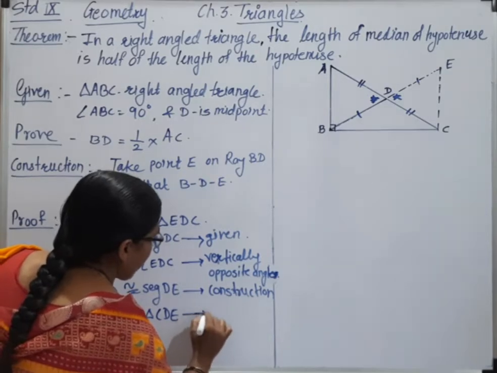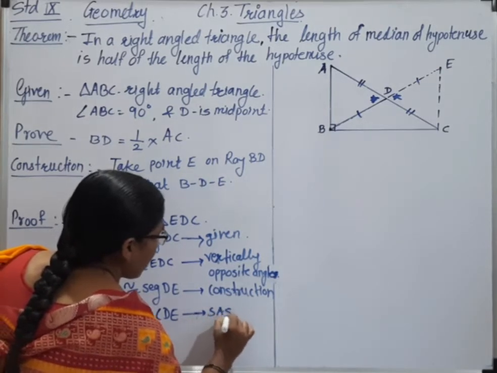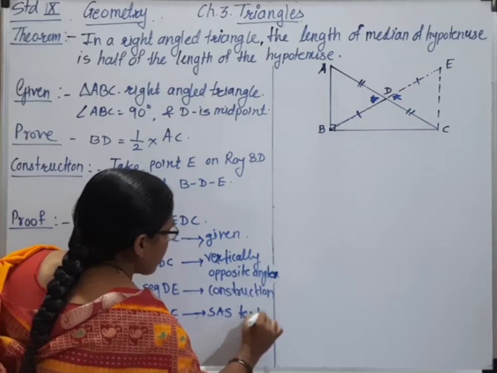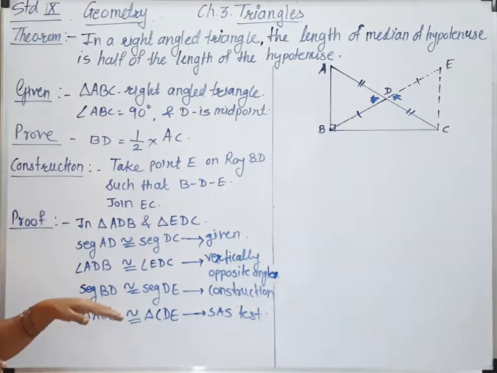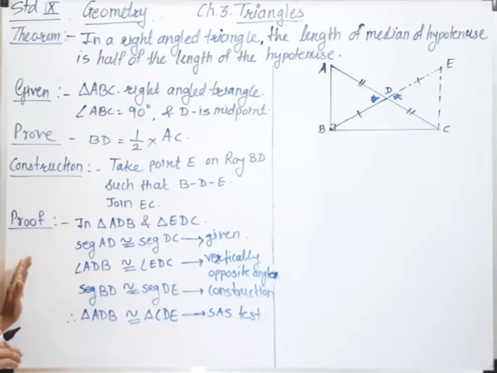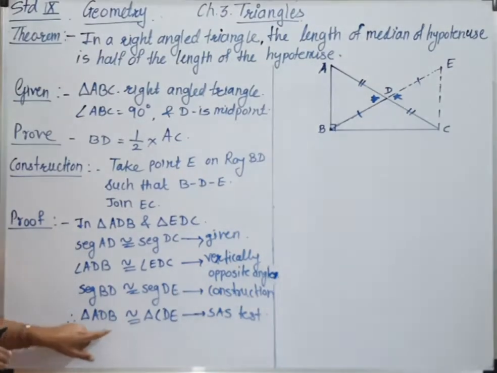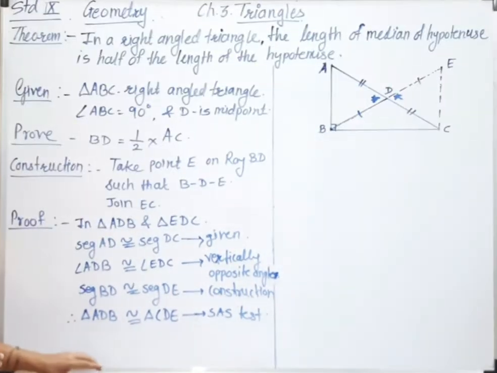Here we have to write by SAS test. SAS test means two sides and included angle are congruent to the corresponding two sides and included angle of the other triangle. That's why these two triangles are congruent by SAS test.